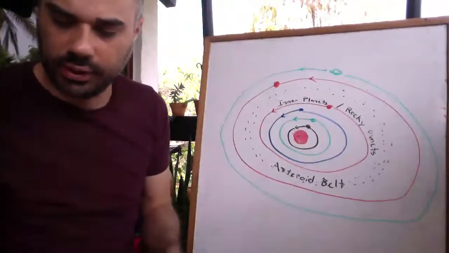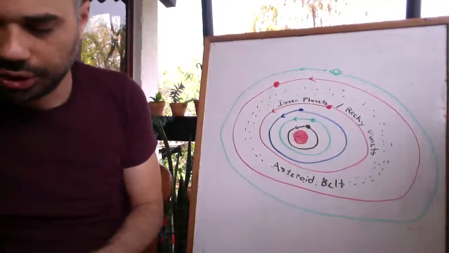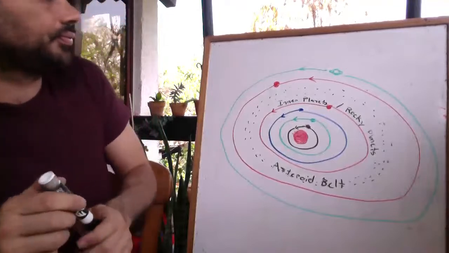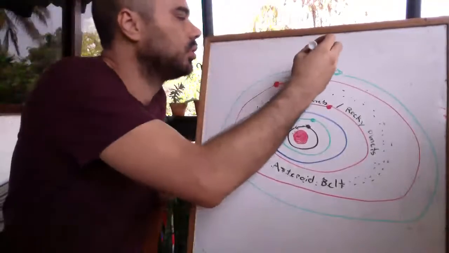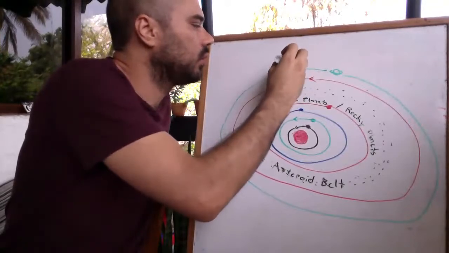Now the final 2 planets are also gas giants, which are Uranus. So we have Uranus over here.